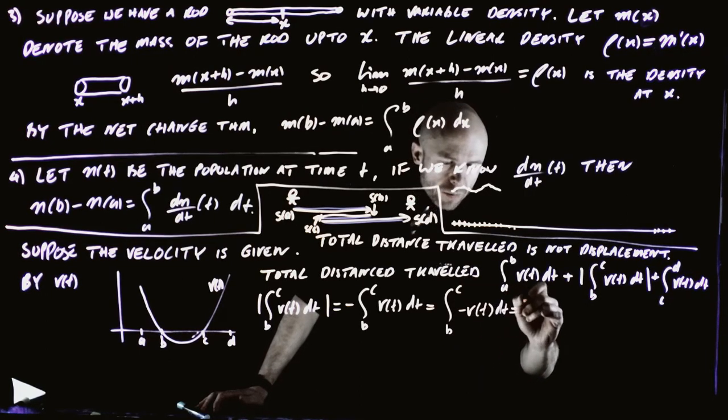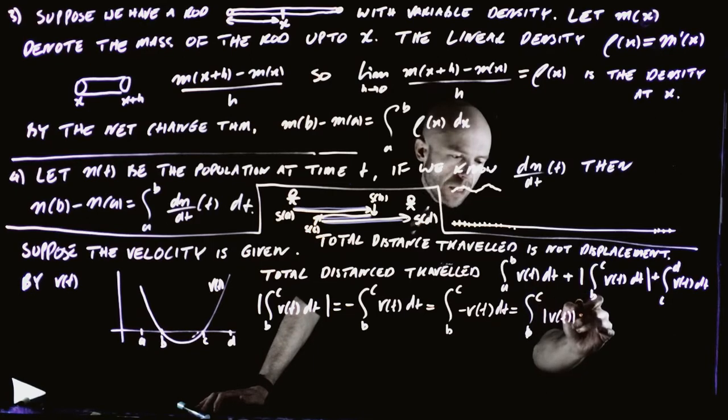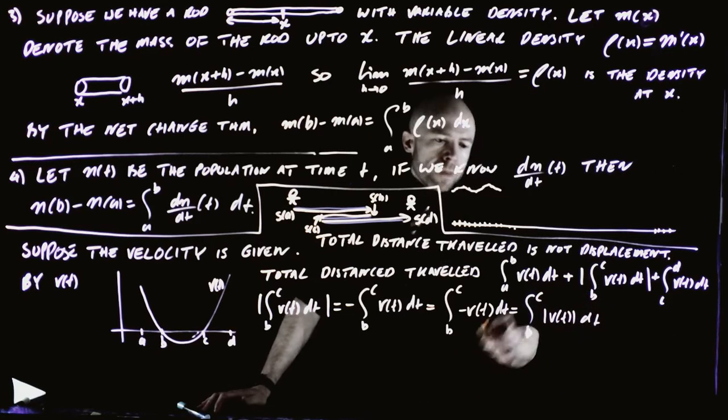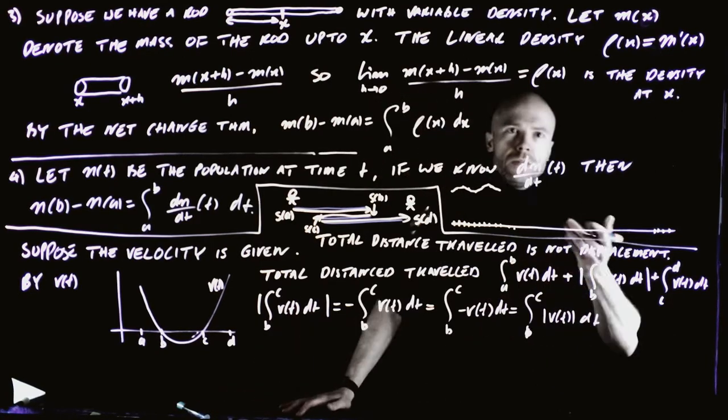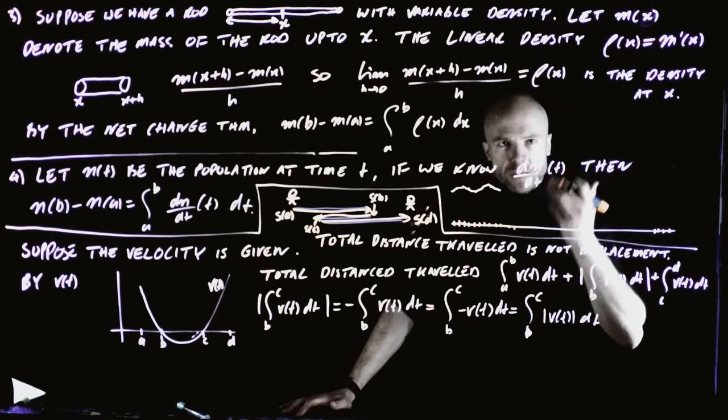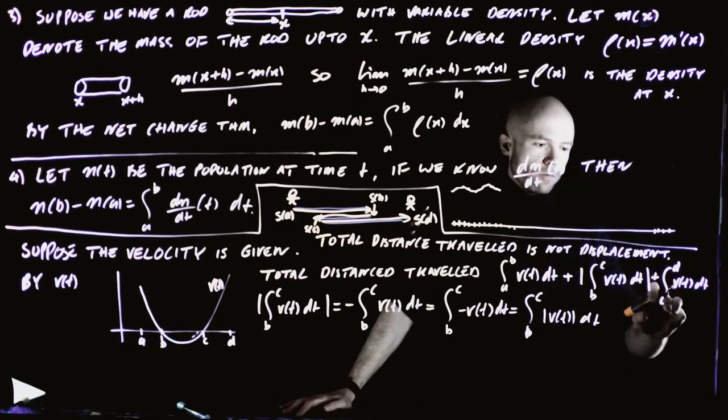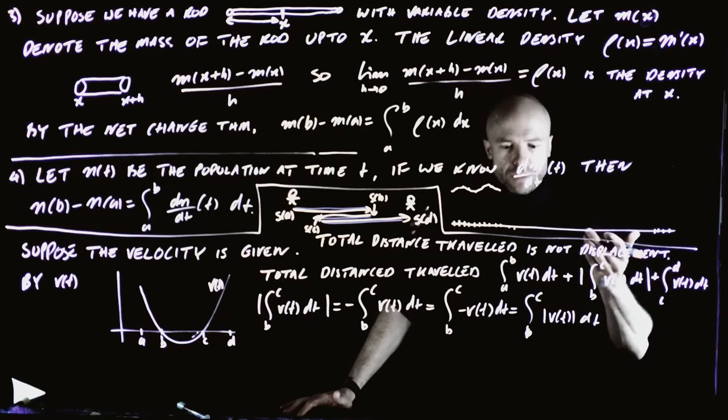That's the same as the integral from B to C of the absolute value of v of t, because v is negative in this part. From A to B, v of t is positive, so it's the same as the absolute value of v of t, and from C to D, v of t again is positive.